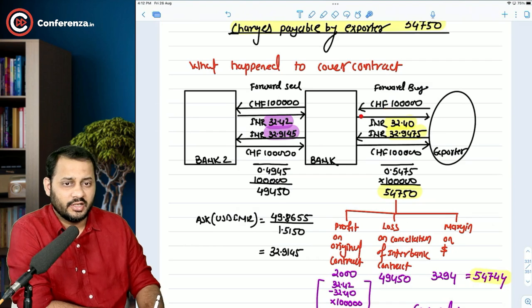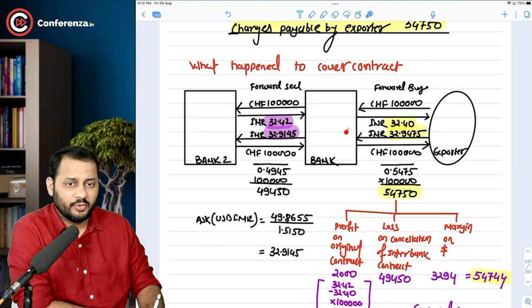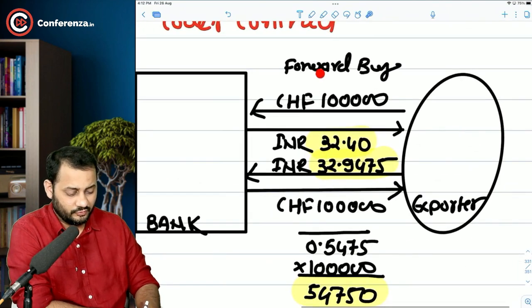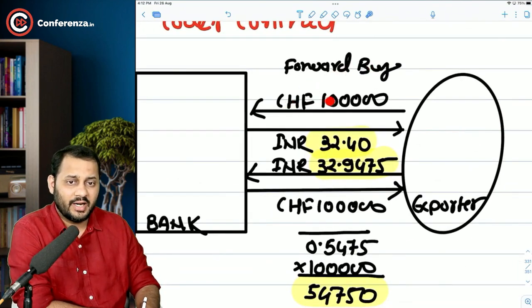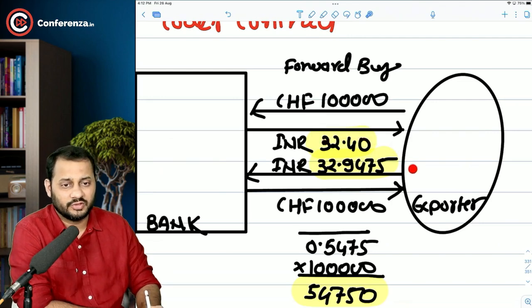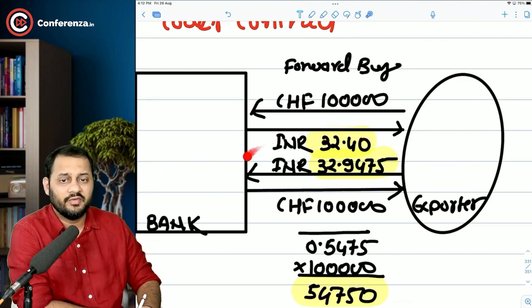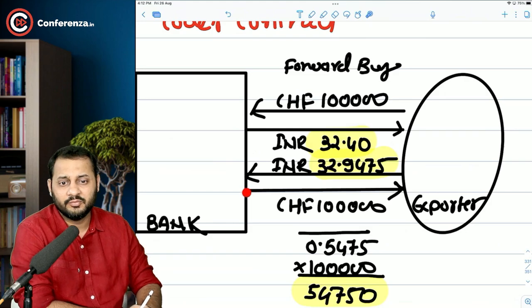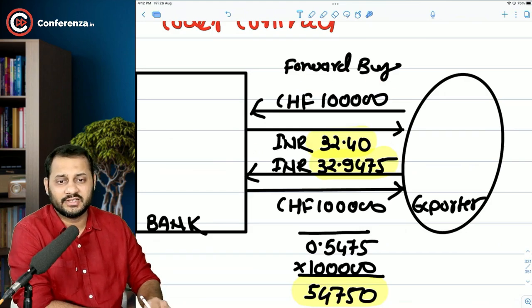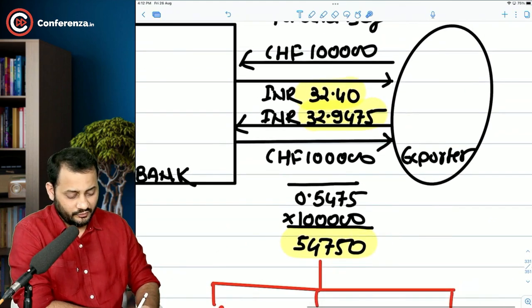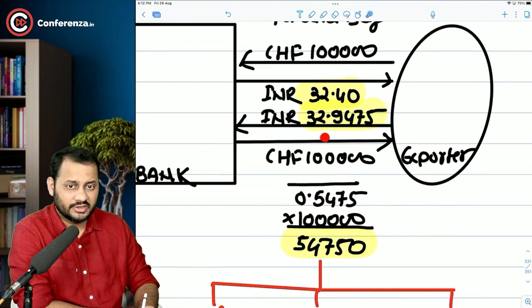The exporter came to us and we agreed to buy, forward buy, 1 lakh CHF after 2 months and pay 32.40, right? Now, because the exporter wants to cancel, we entered into a new contract with him for a 1 month forward sell. So we agreed to sell 1 lakh CHF to him, notional.